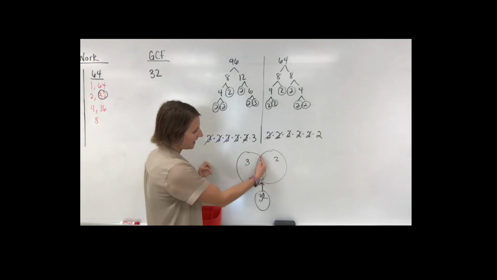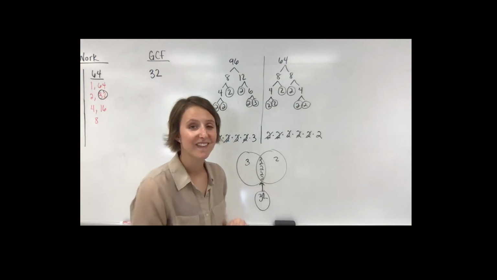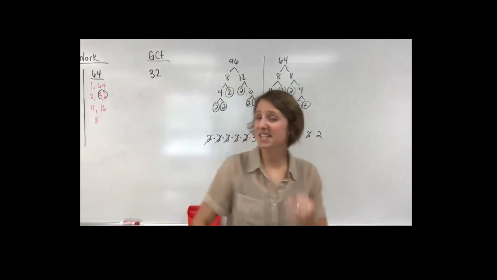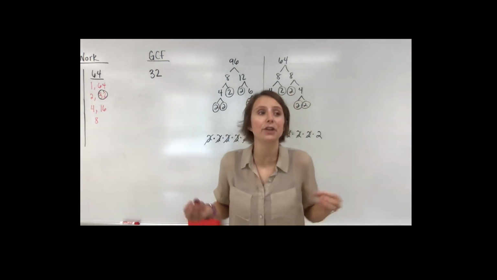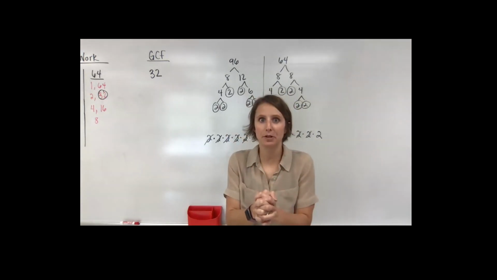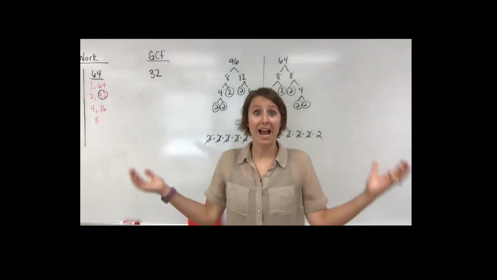When I multiply 2 times 2 times 2 times 2 times 2, I get 32. So you pick. You can list the factors, you can use prime factorization, what are you comfortable with? But the whole idea is that you're also applying those divisibility rules that you use to help you make calculations happen a little faster.